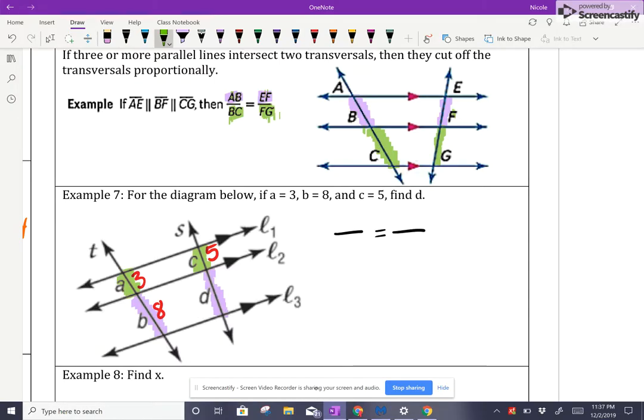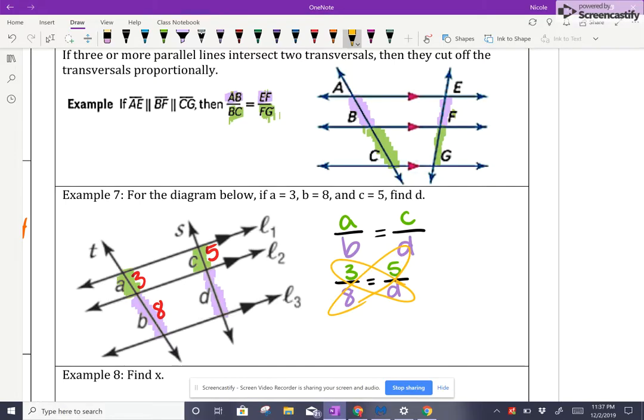So A goes on top, and underneath that is going to go the purple section directly below it, which would be B. And then we have C over D. Now I'm going to go through and replace this with the numbers that were provided for us. A is equal to 3, B is equal to 8, C is equal to 5, and D is just going to hang out at D because it doesn't have a number yet. And then, of course, we are going to cross multiply.